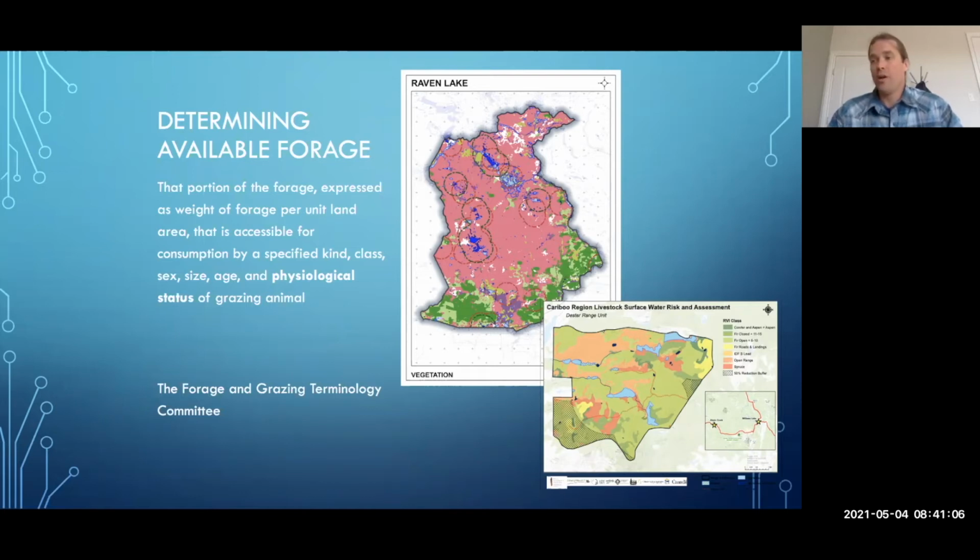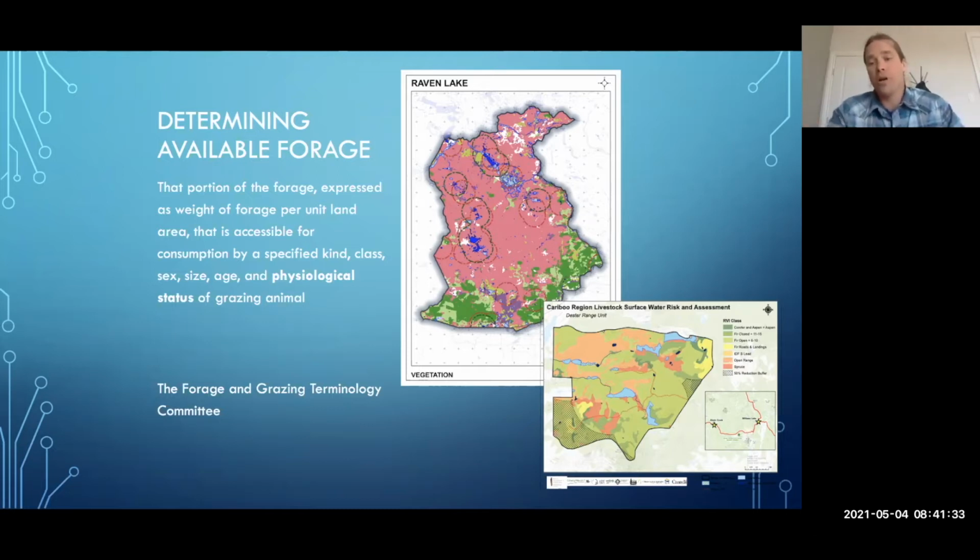To determine this, we first need to determine our initial land base that we're going to use, and that's based on distance to water. That's our first assumption, and then we're going to express the forage in kilograms per hectare, and we can use that information to calculate the carrying capacity once we've assigned a value to each individual polygon.